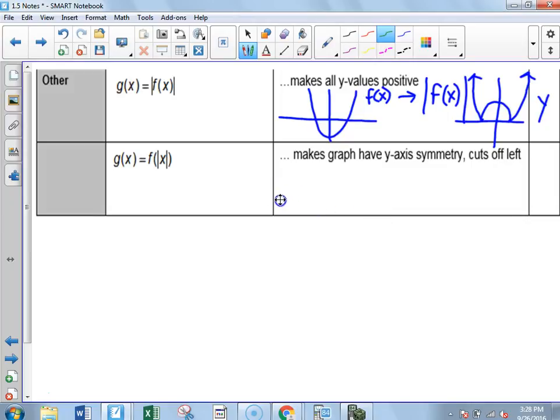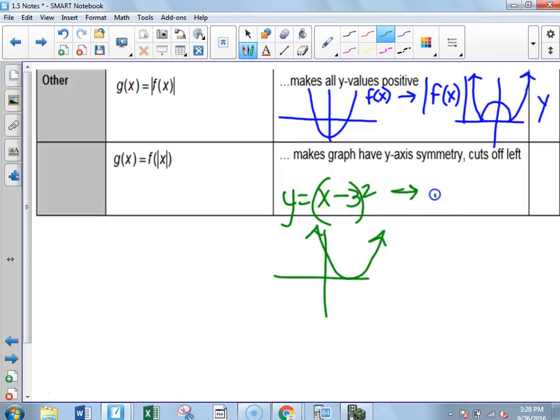If you had a graph like this, okay, this graph, y equals (x minus 3) squared, that's shifted to the right 3, right? And then you took the absolute value inside so that it became (the absolute value of x) minus 3, squared.